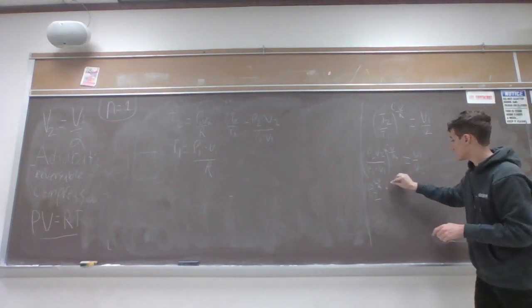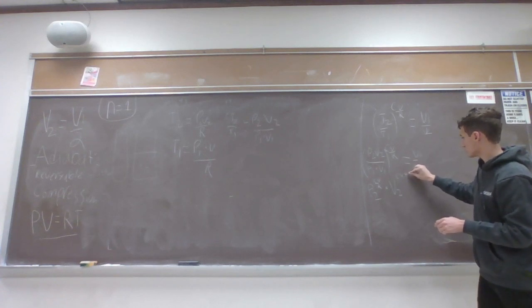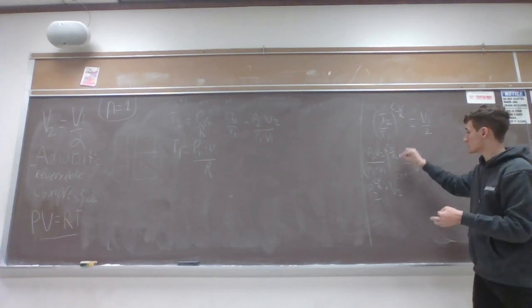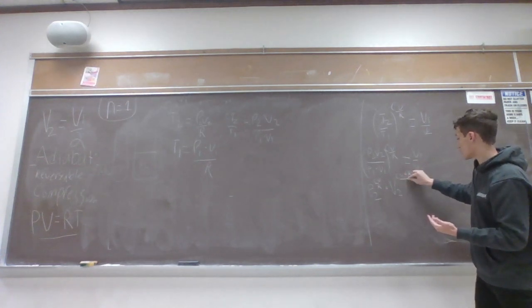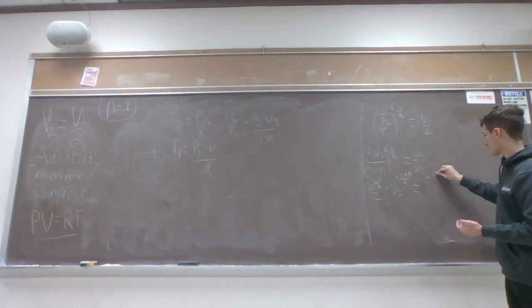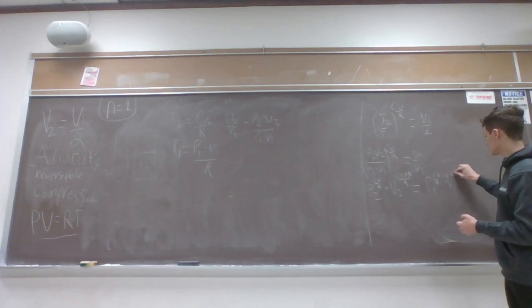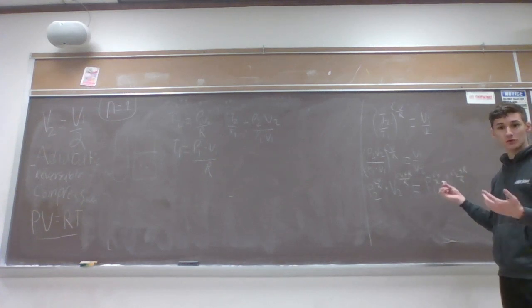So we multiply that by V2 to the CV plus R, because if we have an extra power, to move it to the other side, we're going to add 1. And because R is our denominator, we can just refer to that plus 1 as an R. And then that would equal P1 to the power CV over R, multiplied by V1 to the CV plus R over R.